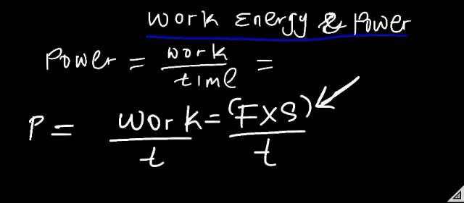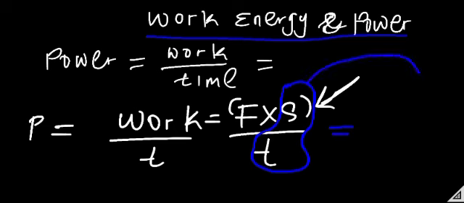And from here we can see very carefully that we have x at the top of the fraction and time at the bottom of the fraction. And from our kinematics, our equations of motion, we know that x over t is the same thing as distance over time, right? And distance over time, which is displacement over time, is the same thing as what?